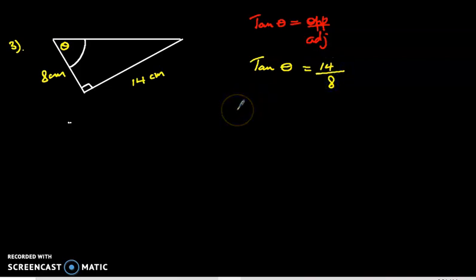So let's carry out the division right here to simplify this process. This gives me tan theta equals 1.75. Remember the procedure, we need to get theta by itself, so we have theta equals tan inverse 1.75.